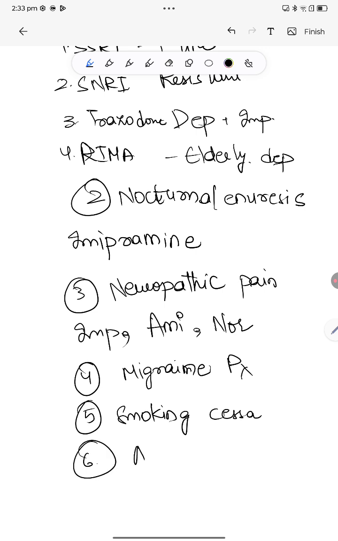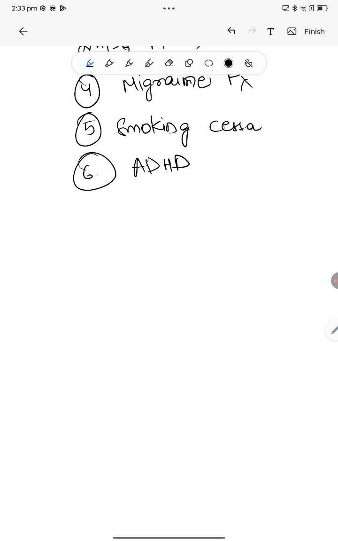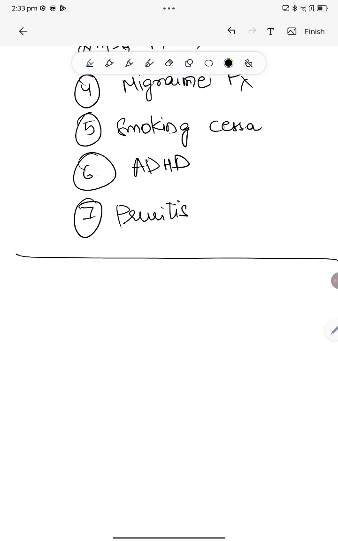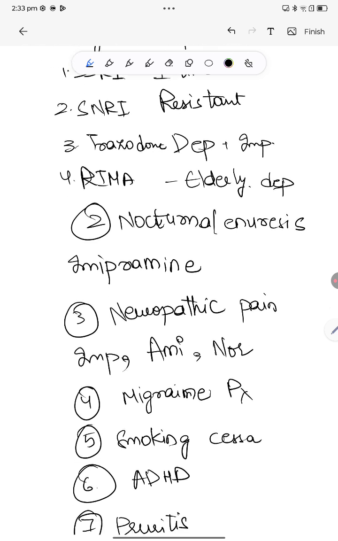Atomoxetine, which is a part and parcel of antidepressants, can be used, but right now we have wonderful drugs for them. And certain TCAs can also be used for pruritus, but we rarely use them for this. These are the uses of antidepressants.